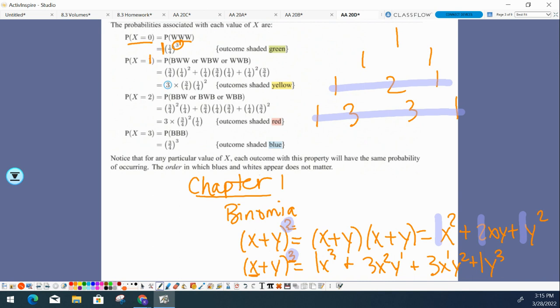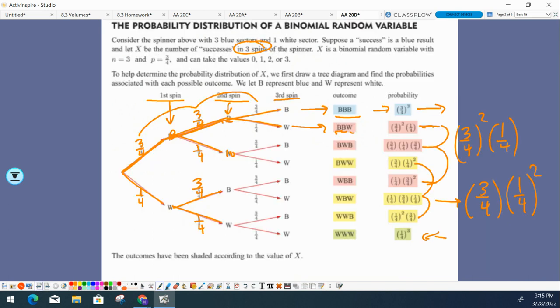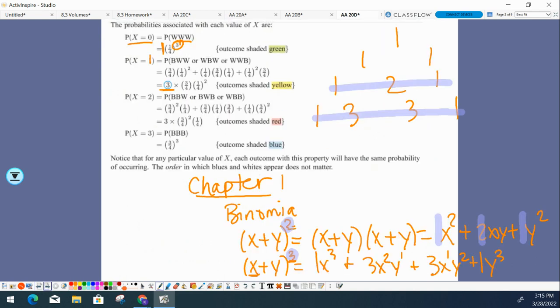How did we get x equals 1 where there's only one blue? There were 3, look back here, 3 ways to get one blue. 1 here, 2 here, 3 here. So we can simplify this process by finding that coefficient out front and then multiplying the probabilities times how many ways it can happen.